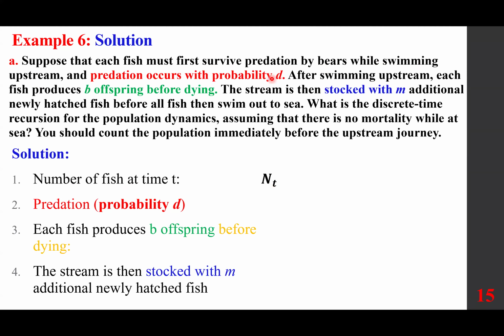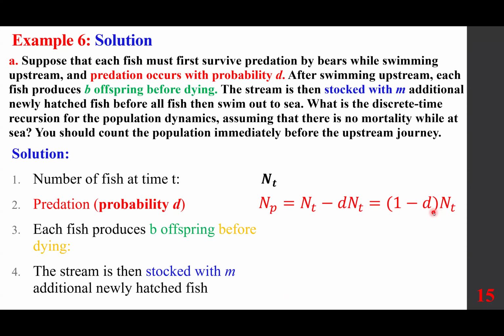Predation happens with probability D, so after they swim upstream, predation takes place. We call it N sub P, which is N sub T minus the number that are gone, which is D times that, because D is the fraction taken away by the bears. So N sub T minus D N sub T. If you factor this, you get 1 minus D times N sub T.